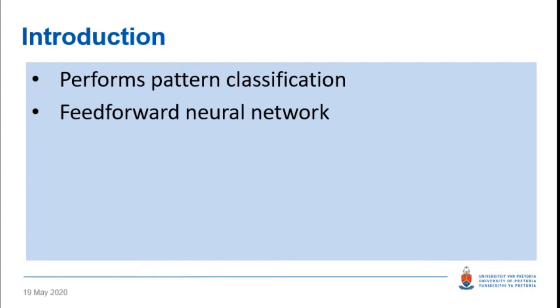So if you remember from last week's lecture, your neural network is made up of a number of layers. Your first layer is always the layer that has your input nodes representing the input to the problem. And your last layer is your output layer, which is your activation layer, the layer that produces the output for the neural network. And you can have hidden layers in between. So if your neural network is feed forward, it's moving from your input layer through to the output layer when it's learning.